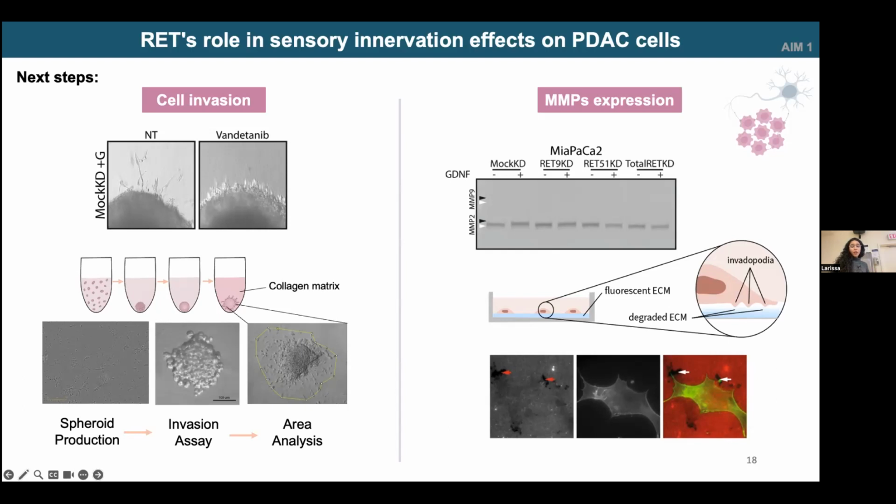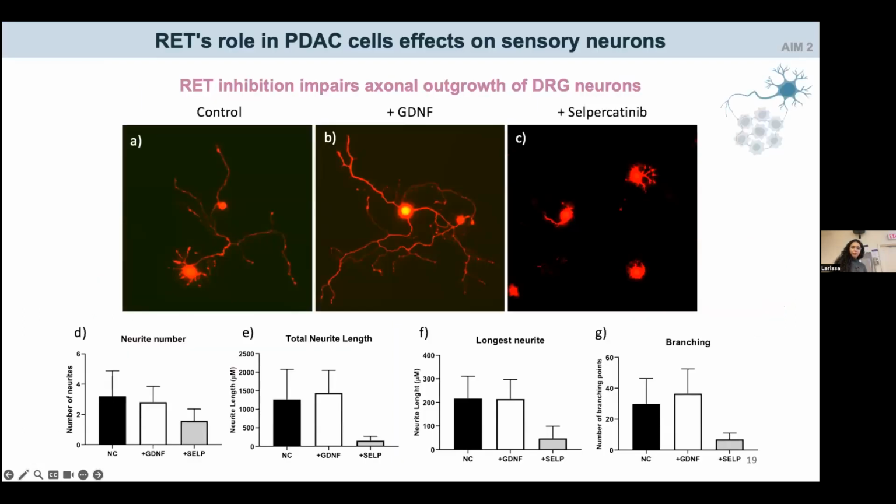So with this, based on our hypothesis, we expect that PDAC cells treated with DRG conditioned media will activate RAD and then induce matrix degradation via metalloproteinase activity.